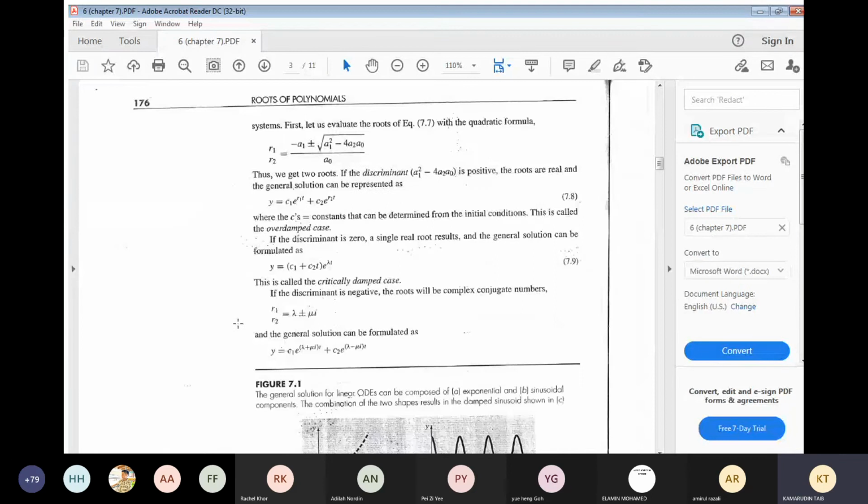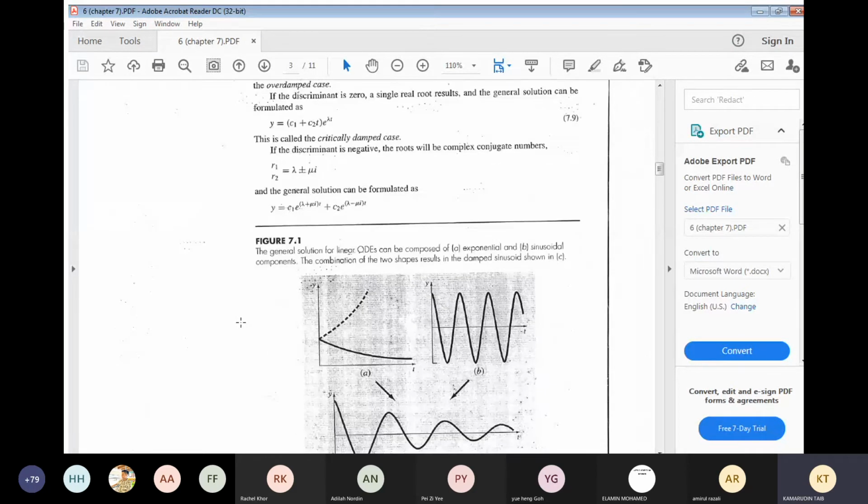So those are the roots of the equation. If you have an nth order polynomial, you are 100% sure that you have n roots. That means if you have a quadratic equation, you must have 2 roots.